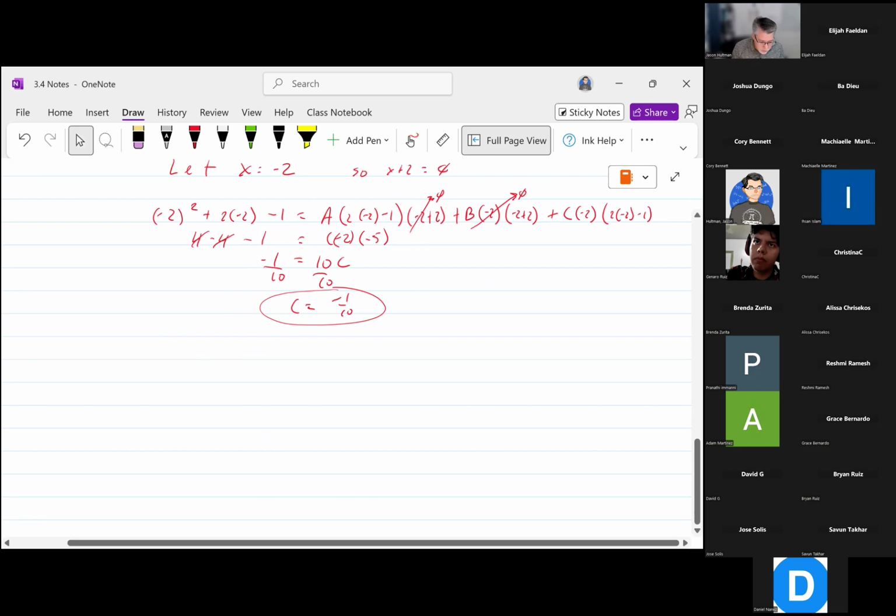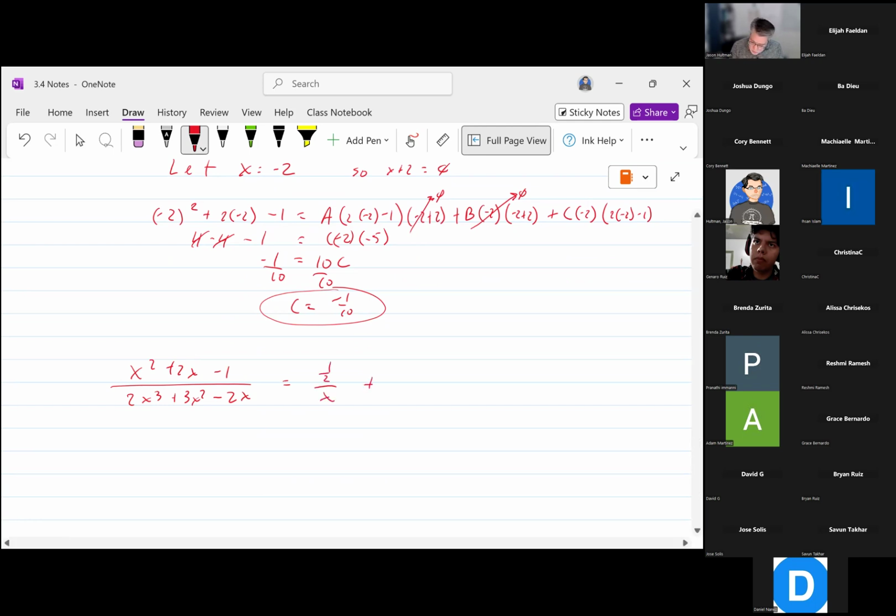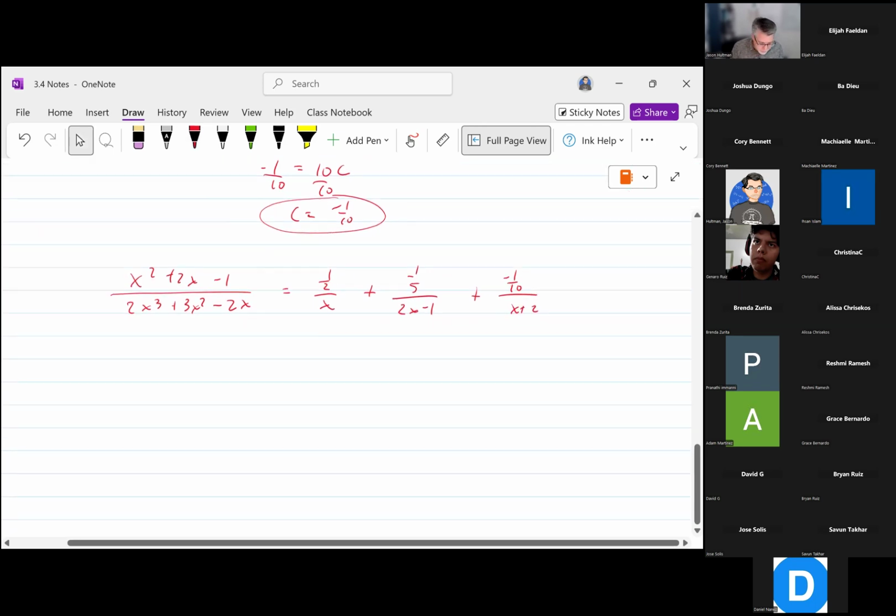This tells me now that x squared plus 2x minus 1 over 2x cubed plus 3x squared minus 2x is equal to, okay, A was 1/2, so this is 1/2 over x, plus B, which is 1/5 over 2x minus 1, plus C, which is -1/10 over x plus 2.